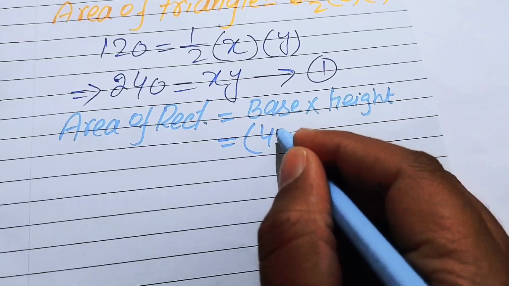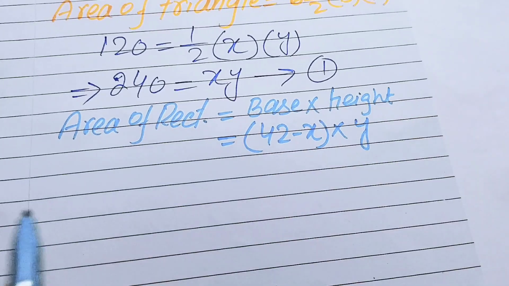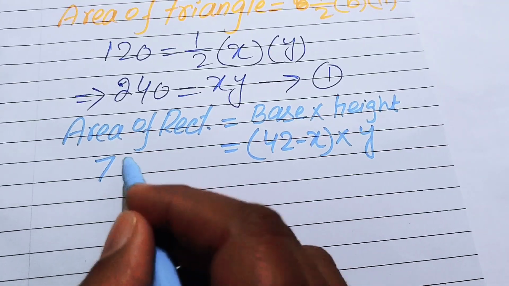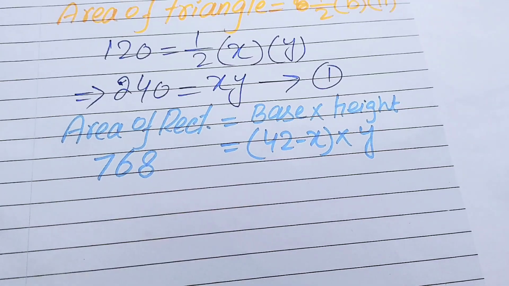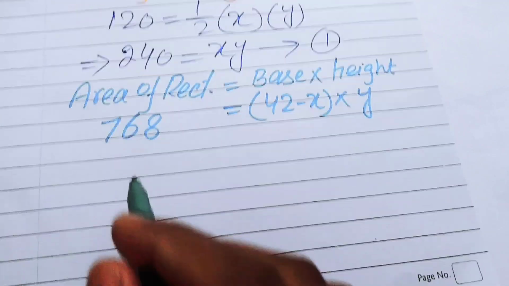The area of the rectangle is given as 768.